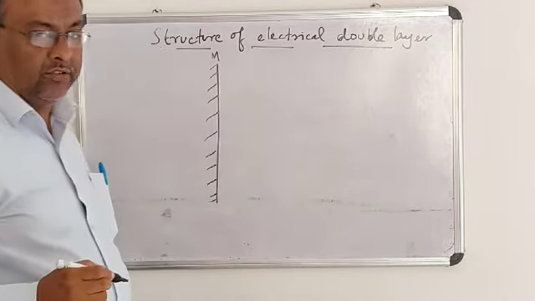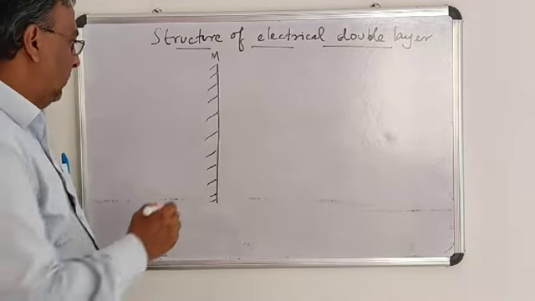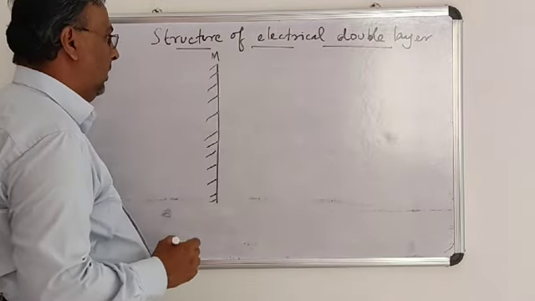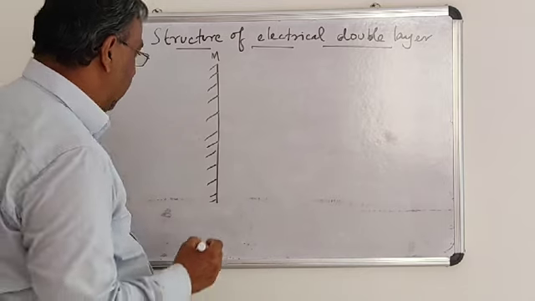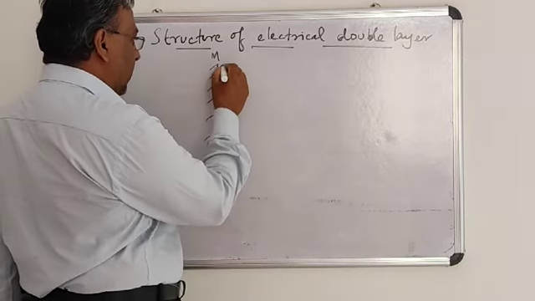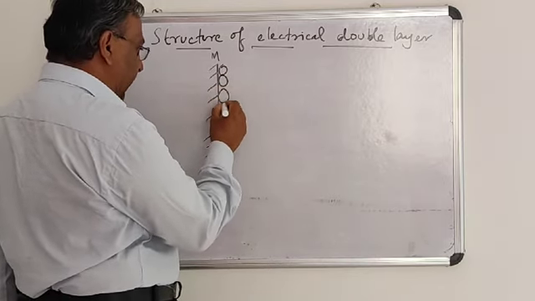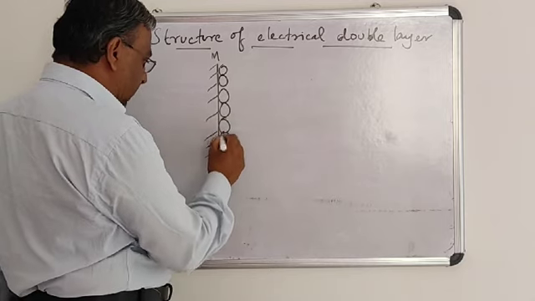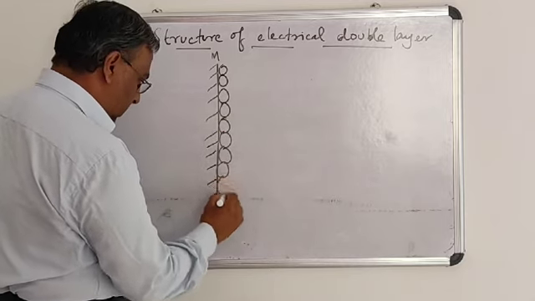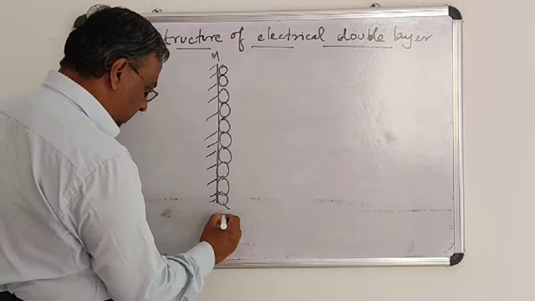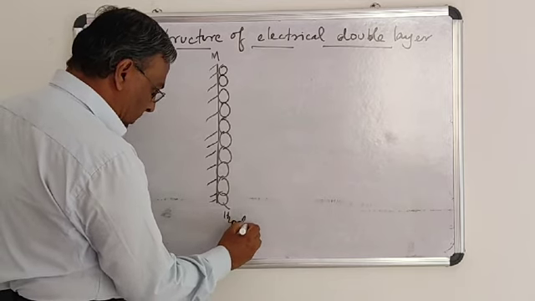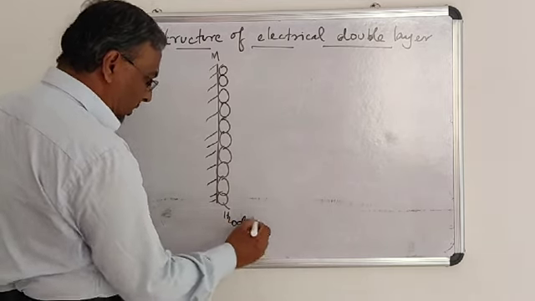We studied this in the last class. This is the metal. Usually, the first layer is adsorbed by water dipoles. This is the water dipoles.